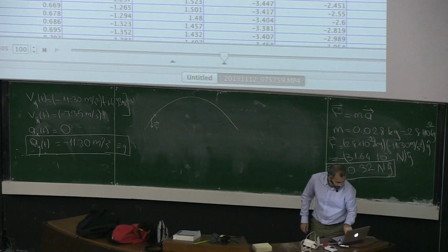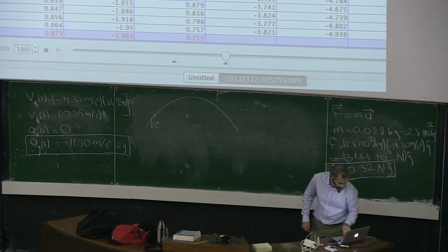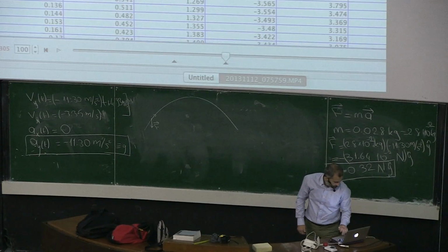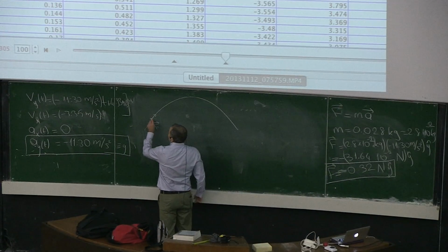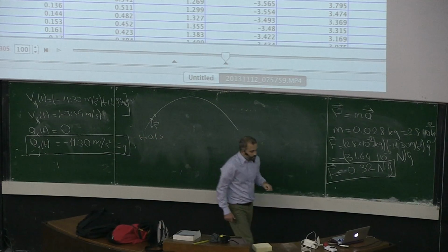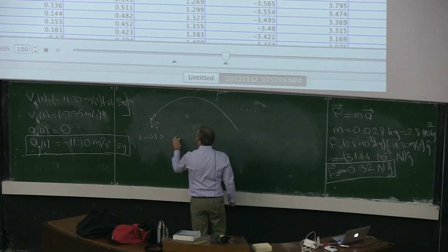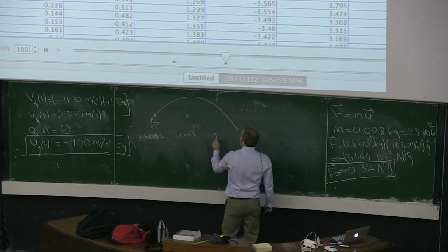So this is the time, the first column. The second is the x coordinate. The third column is the y coordinate. Now the whole measurement lasts less than 1 second. So let me start at t equal to 0. The units are t in seconds, x in meters, y in meters.